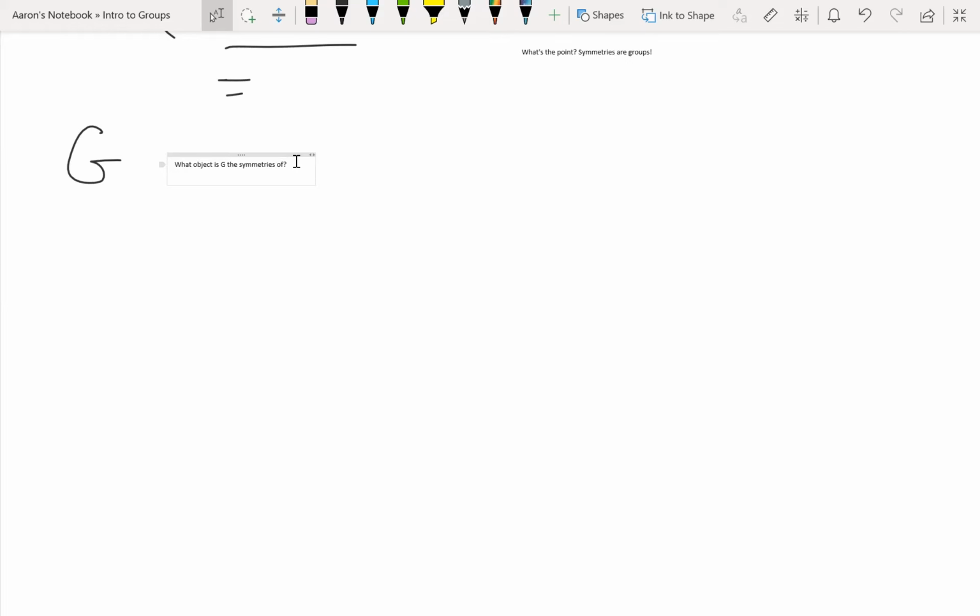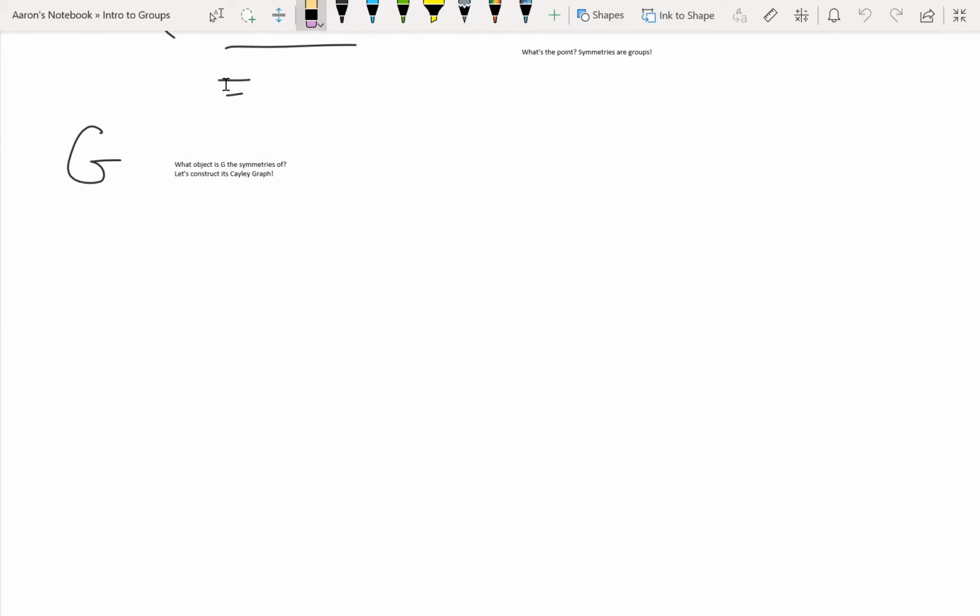There's this notion of a Cayley graph, which allows us to construct the thing which a group is the symmetries of. Construct its Cayley graph. So we'll say that G is some collection of objects.